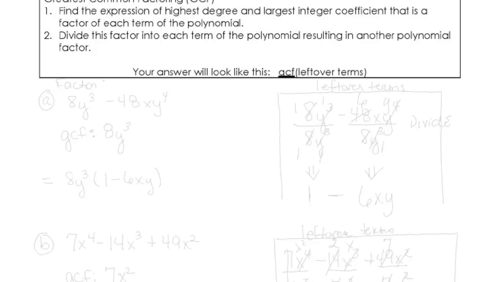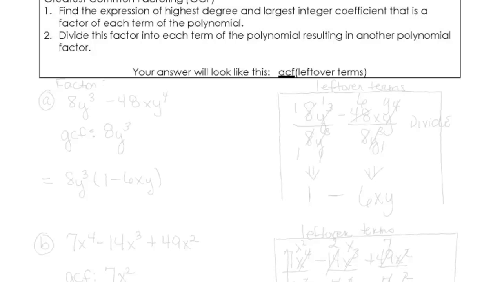Then, for 20, we have 1, 2, 4, 5, 10, and 20. And then 28, we have 1, 2, 4, 7, 14, and 28.